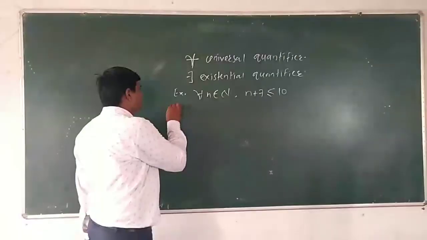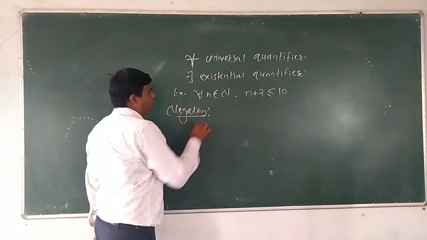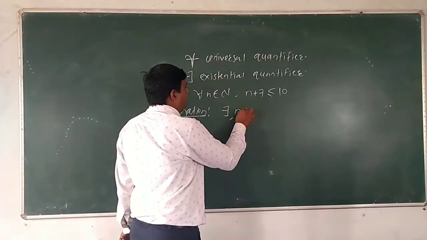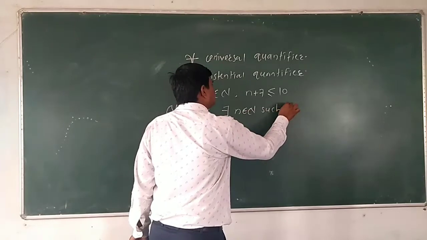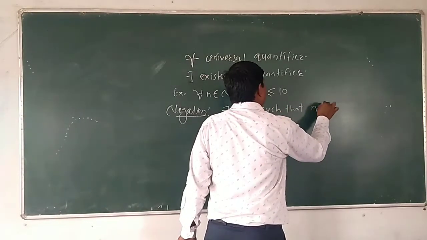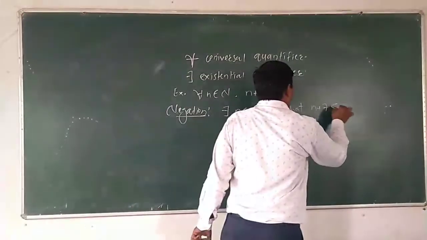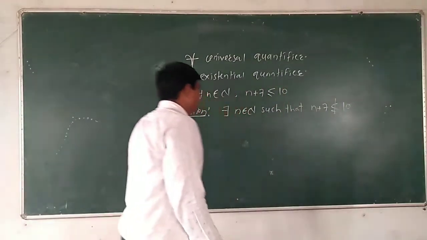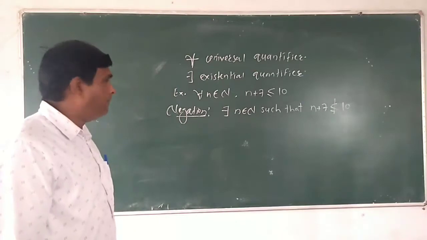So the negation will be: there exists n belonging to N such that n plus 7 is not less than or equal to 10. This is the negation of the given statement.